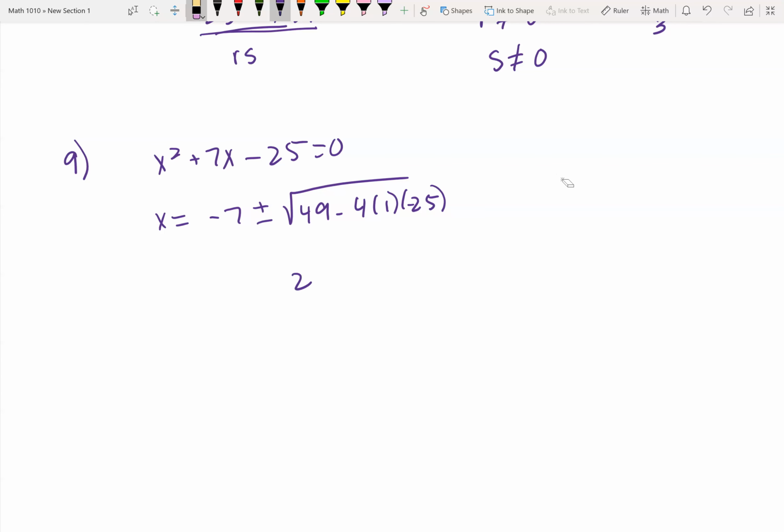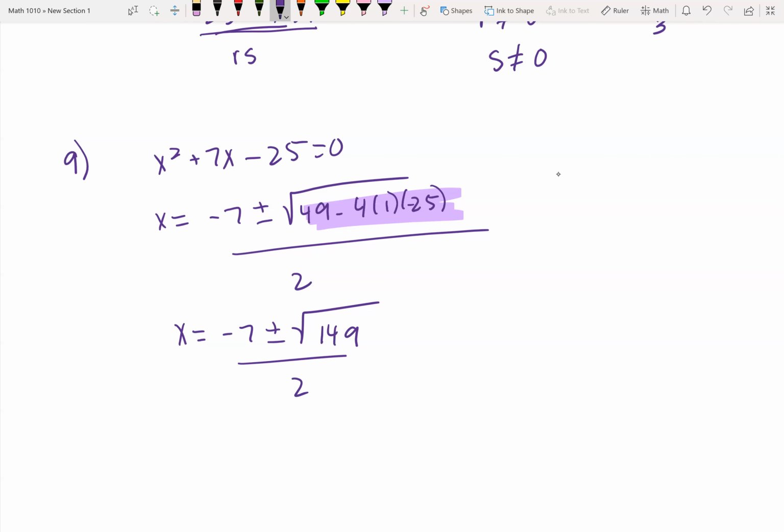That division should not go under the x. It's like that. So remember, grab your calculator and put that in right there. That's actually going to be 49 plus 100, which is 149. So I go x equals negative 7 plus or minus the square root of 149 over 2.